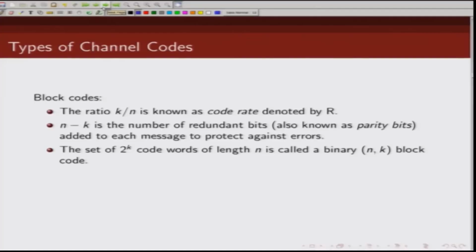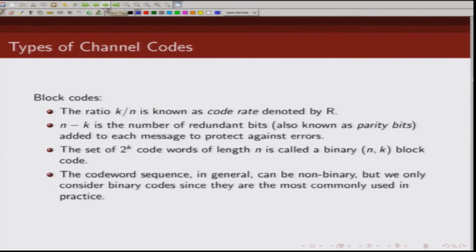So, a binary n,k block code consists of 2^k code words, each of length n. These code words need not be binary, and the same theory mostly applies to non-binary code words as well, but we will restrict our discussion to binary code words.